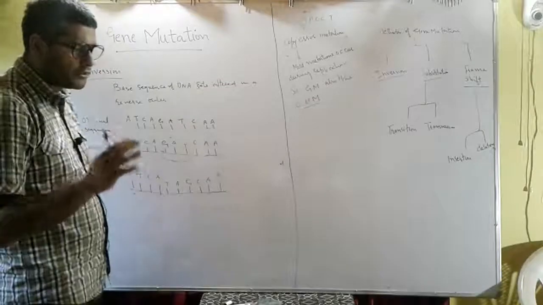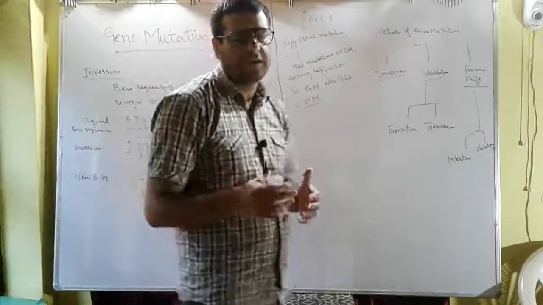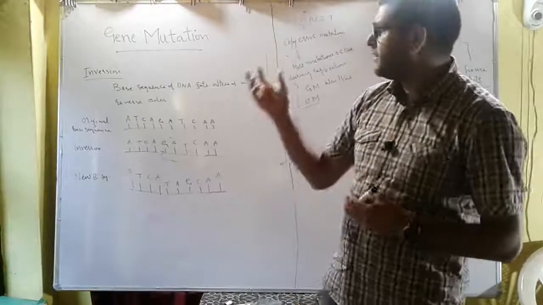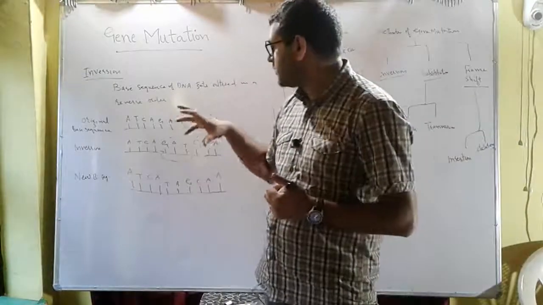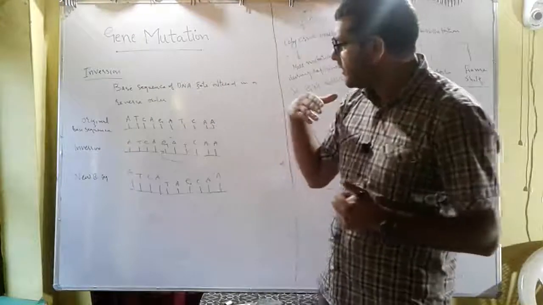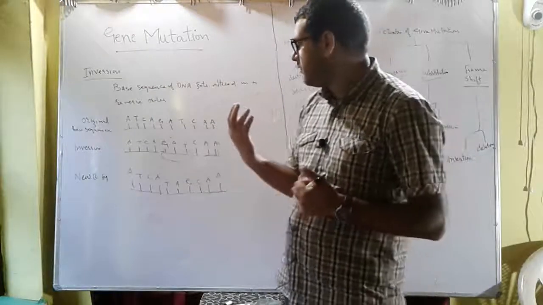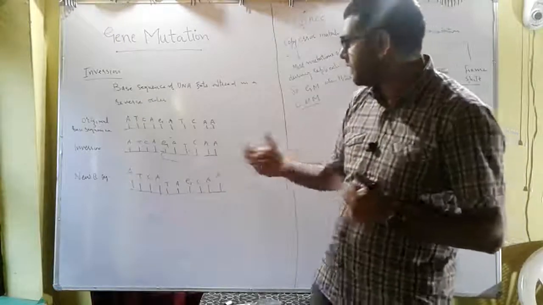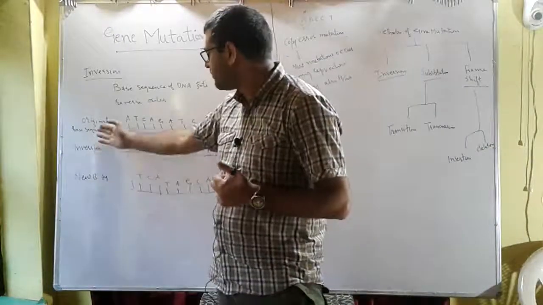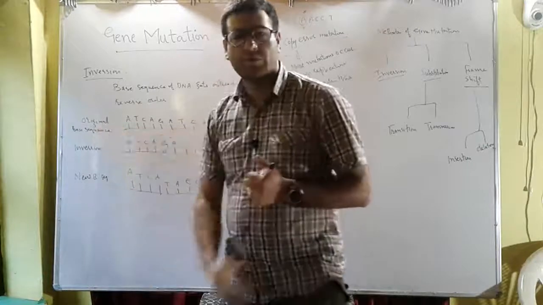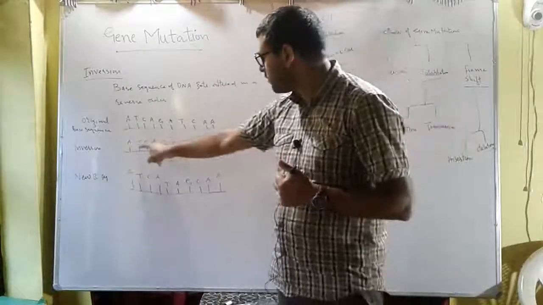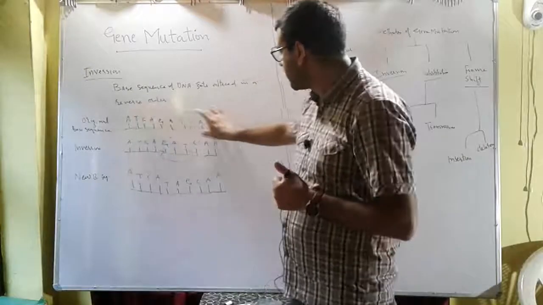In case of inversion, the base sequence of DNA gets altered in a reverse order. As a result, the original base sequence and the new base sequence are entirely different from each other. So here we have taken the example of this DNA segment.